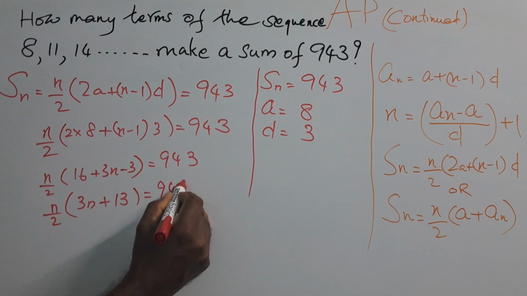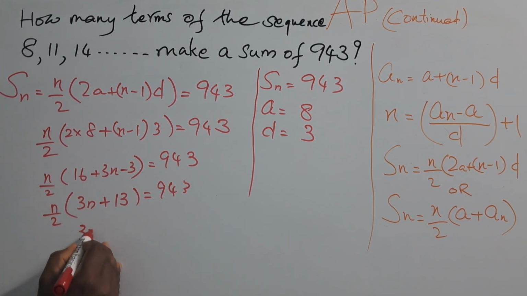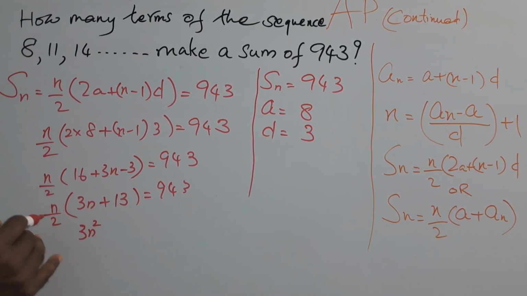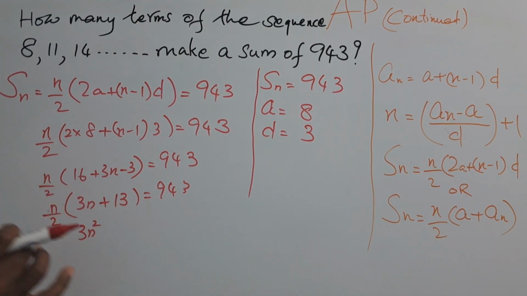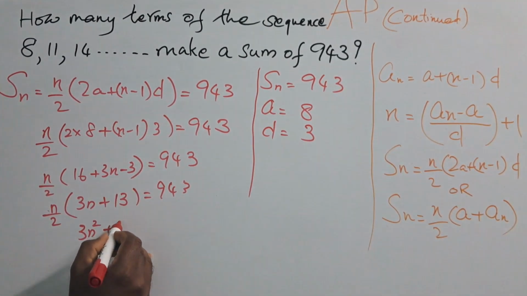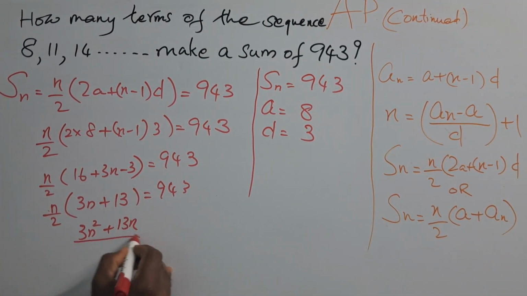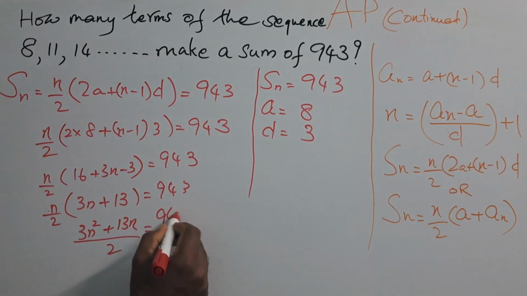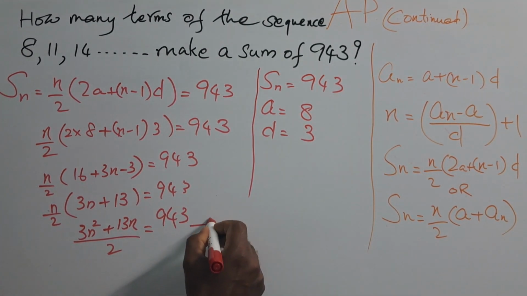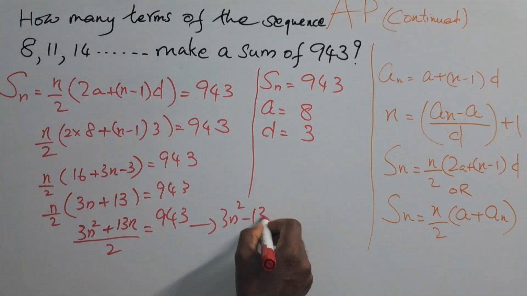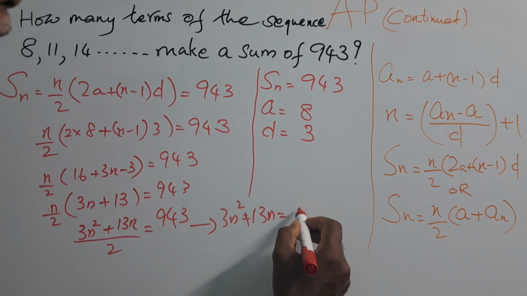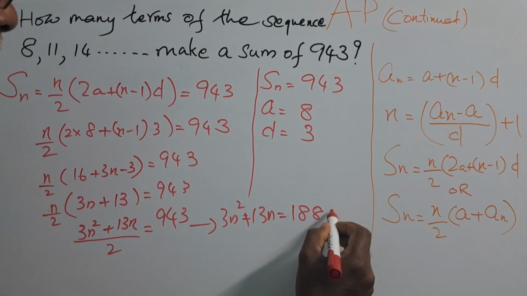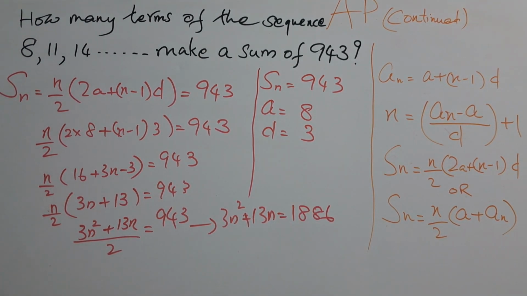is equal to 943. Multiplying these two terms by n by 2, we get 3n square plus 13n by 2 is equal to 943, that is 3n square plus 13n is equal to 1886, which is 943 into 2.